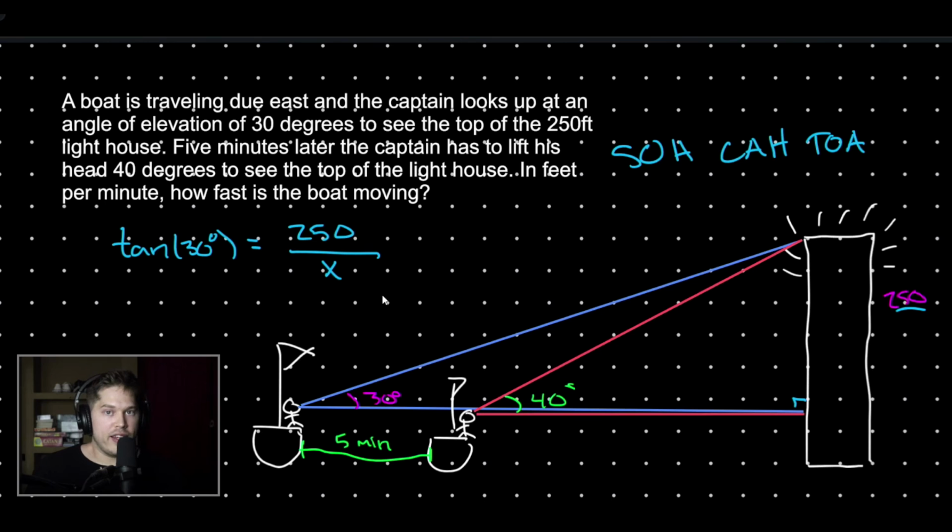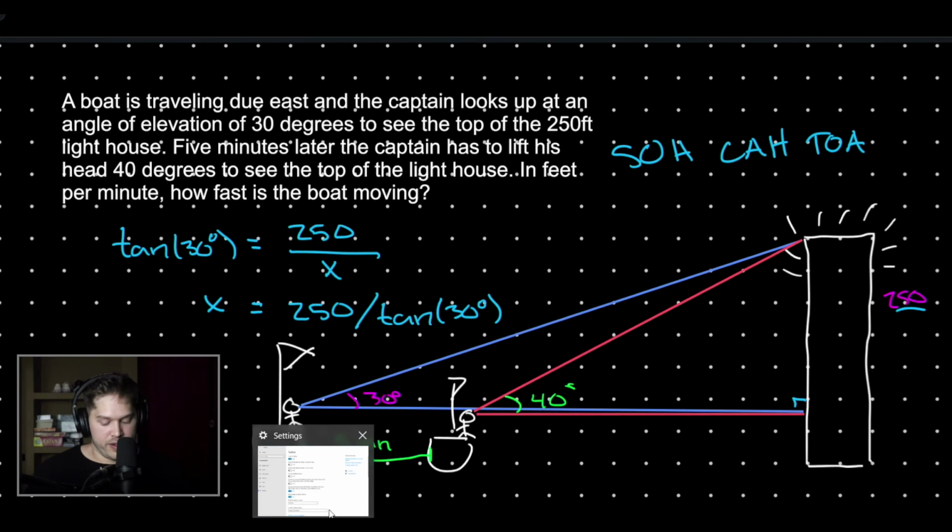Then to solve for x, we can multiply both sides by x, then divide by tangent of 30 degrees to get that x equals 250 divided by tangent of 30. Now we can simply plug this into our calculator to get some value. Where'd my calculator go?